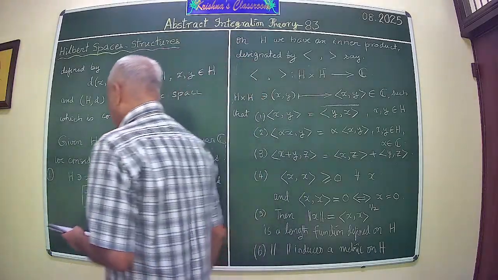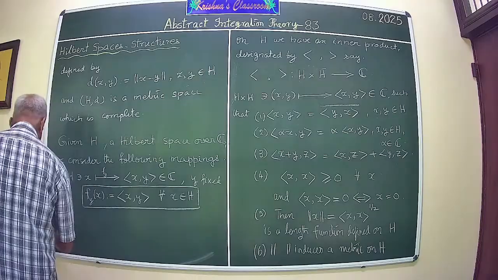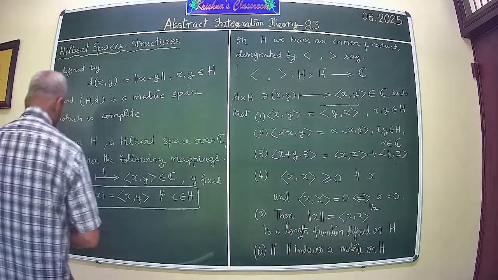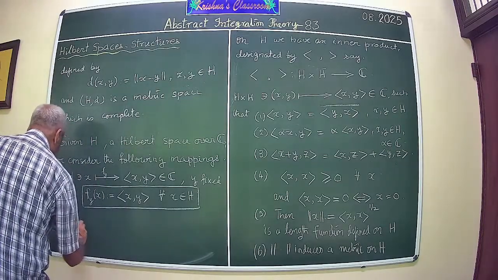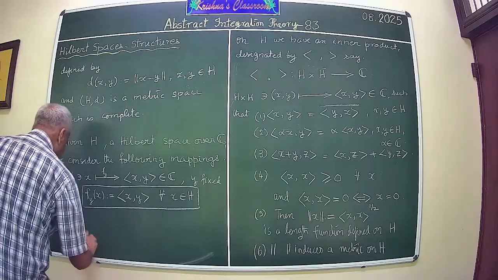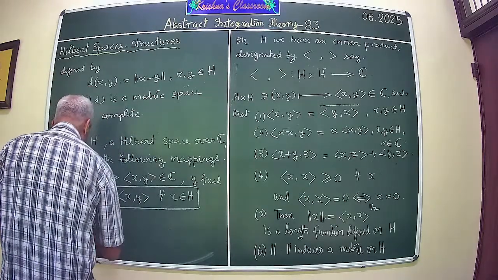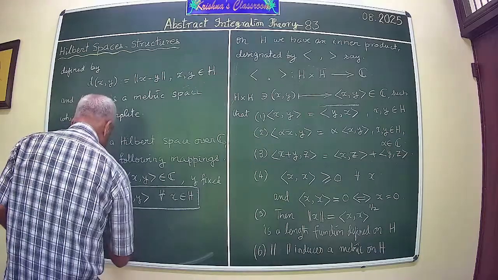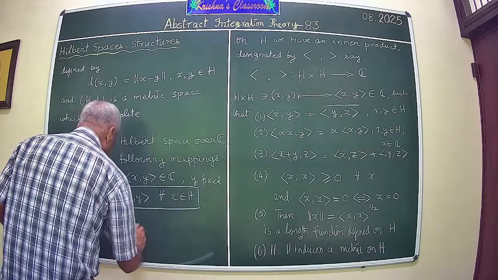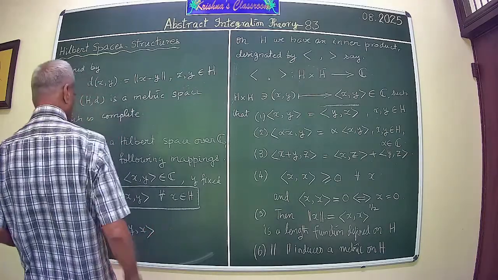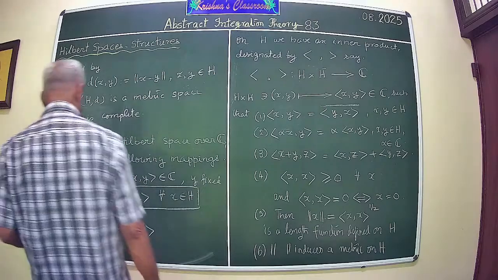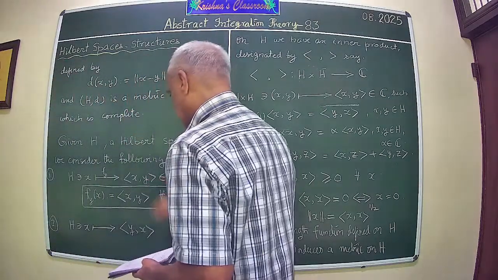The second map we consider is for x belonging to H, getting mapped to the inner product of y with x. This is an interchange; the roles of y and x are interchanged here.